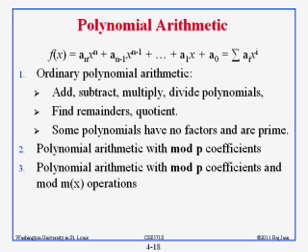All of you should know, and I'm not going to teach you here, how to add, subtract and multiply polynomials as usual. That is something taught in algebra in high school. So I assume that you know that part, and you can find the remainders and the quotient.